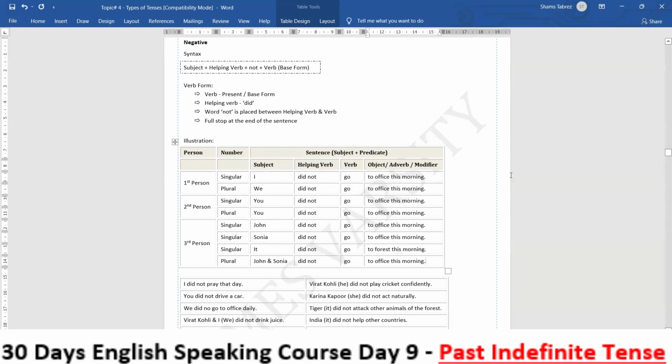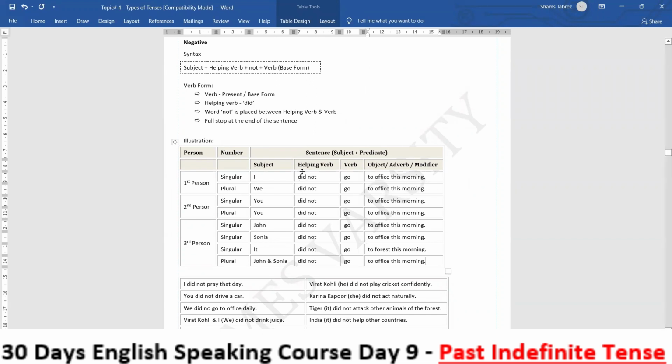So here, compared to the affirmative, we add two words: the first is the helping verb did, and the second is the word not. Then we need to make sure that the first form of the verb is used. Because in past indefinite, when we are using the helping verb, this did is actually the second form of the verb do.